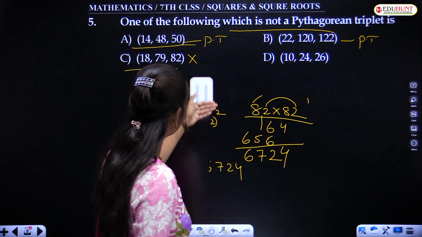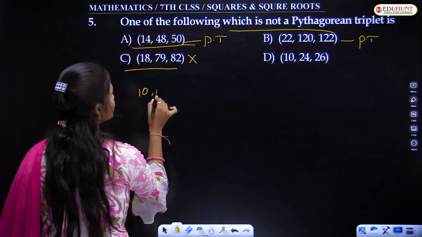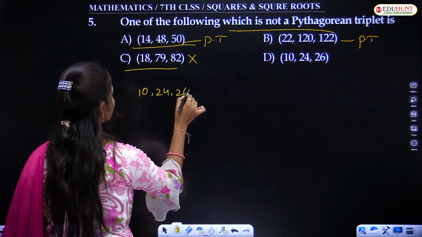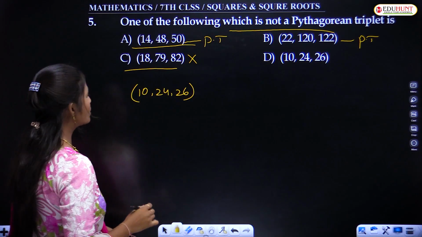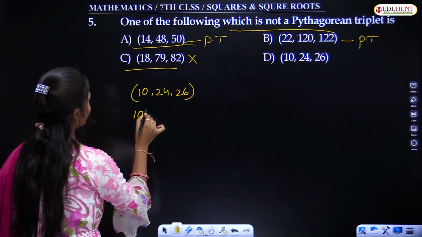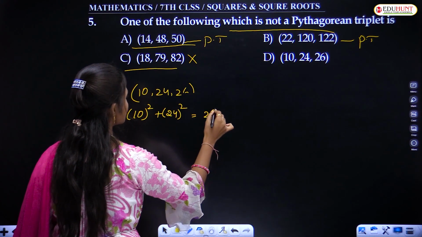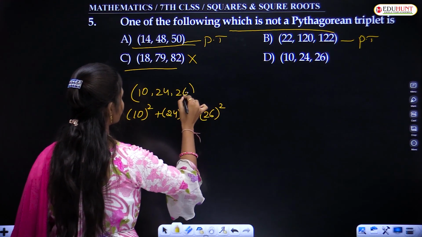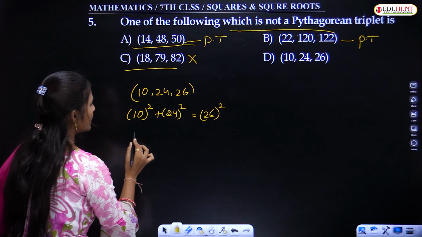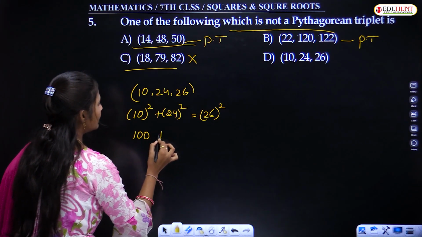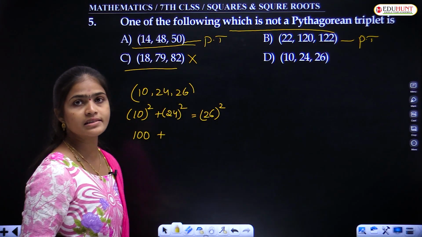So check option D. Here 10, 24, 26. So here 10 square plus 24 square is equal to 26 whole square. So 10 square is equal to, we know, 100, plus 24 square is equal to how much?